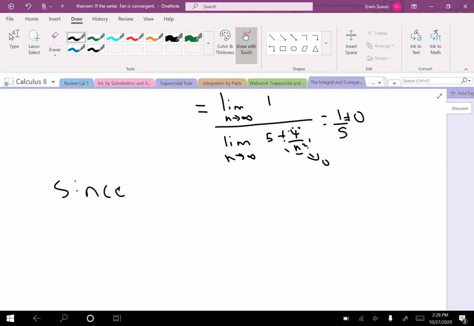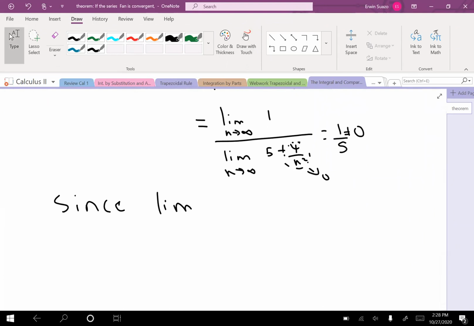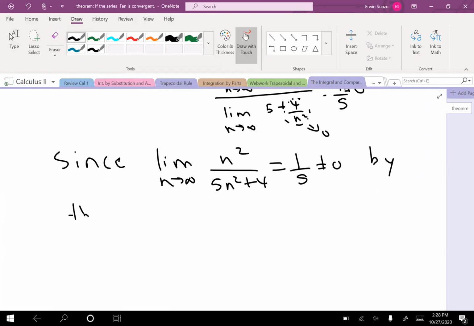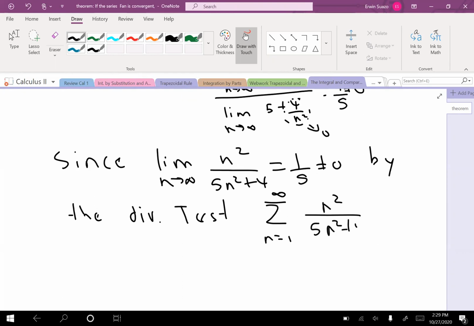Since the limit of n squared over 5n squared plus 4 when n goes to infinity equals 5, different from 0, by the divergence test, the sum of n equals 1 to infinity of n squared divided by 5n squared plus 4 is divergent.